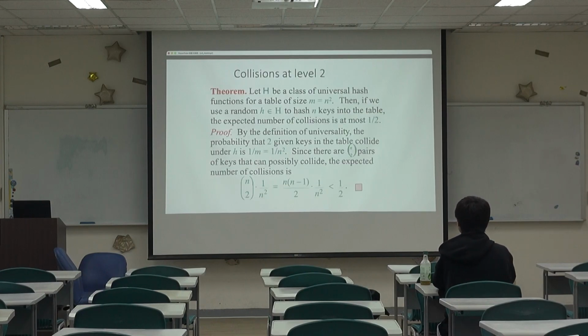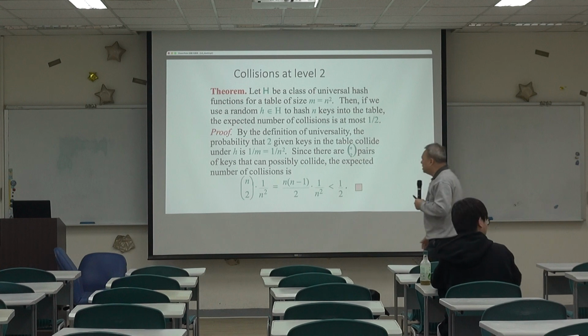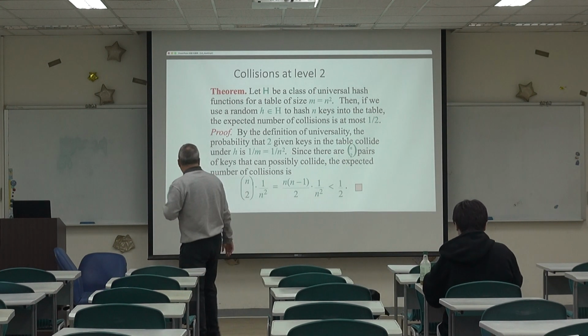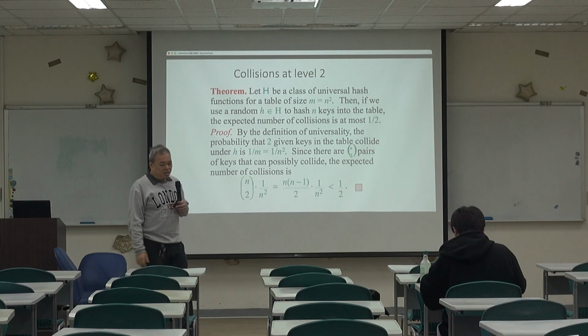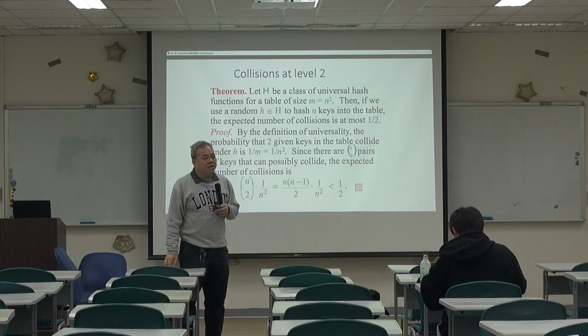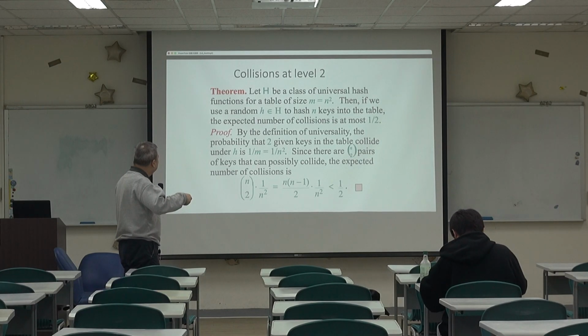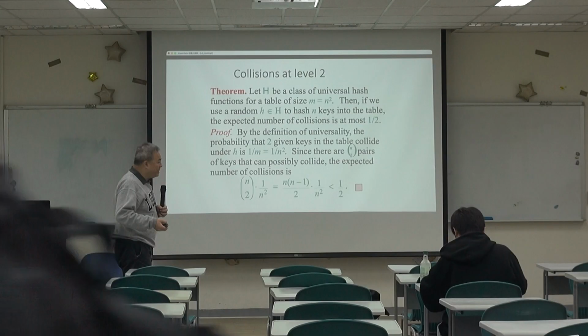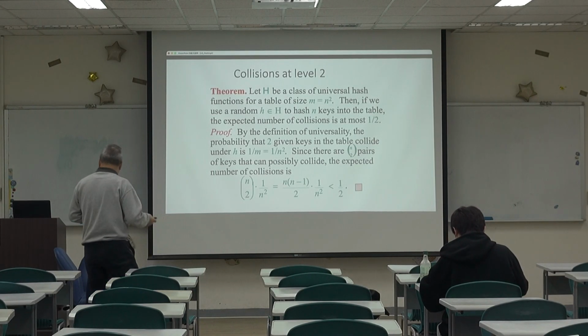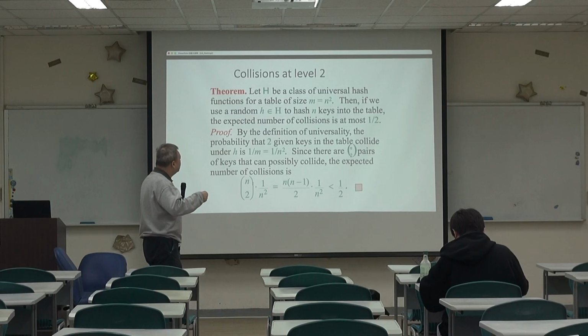Maybe let me jump to this one. Say our hash table is of size n squared. Then for the class of universal hash functions, the big H, you just randomly pick an h from this big H to hash these n keys into the table.